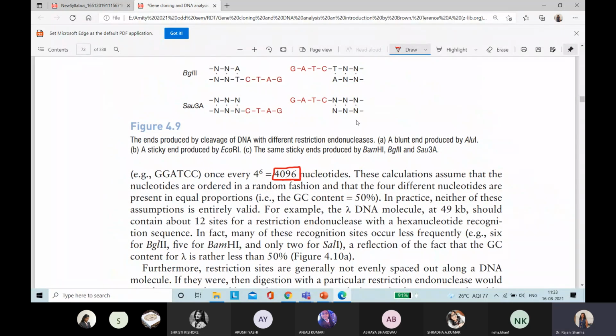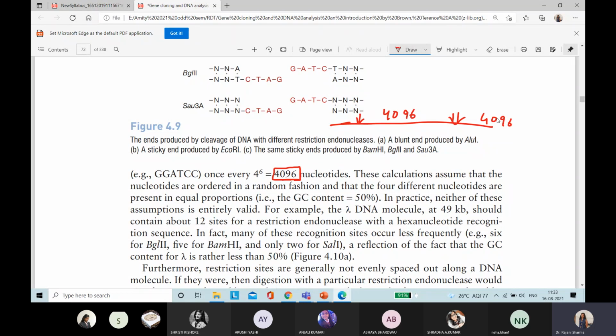Understood? I mean to say, if the first site of BamHI is this one, then the second site of BamHI will be after 4096 nucleotide base pairs. So it will keep on repeating after every 4096 nucleotide base pairs.